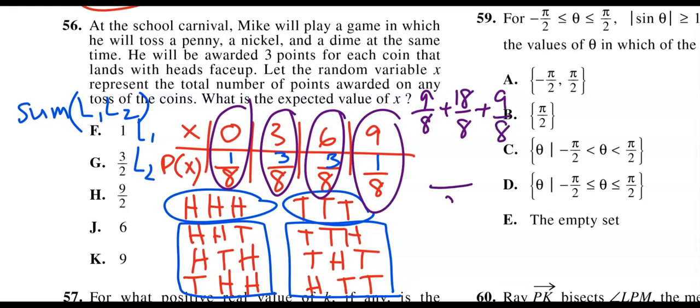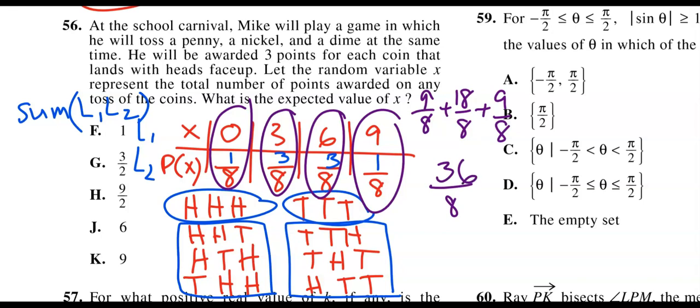If you add those together, what is 9 plus 18 plus 9? 36.